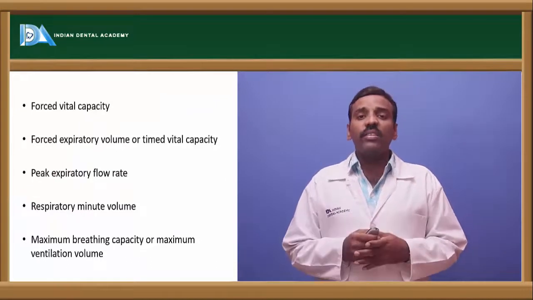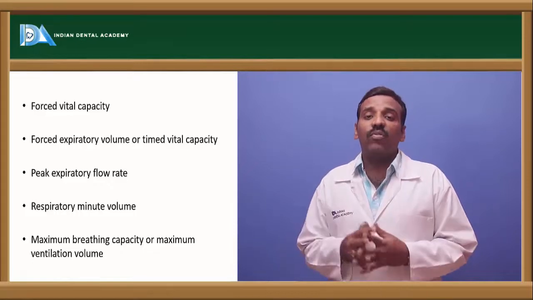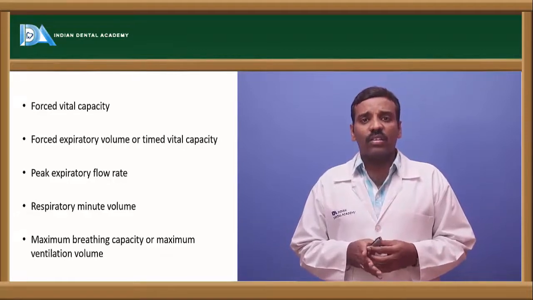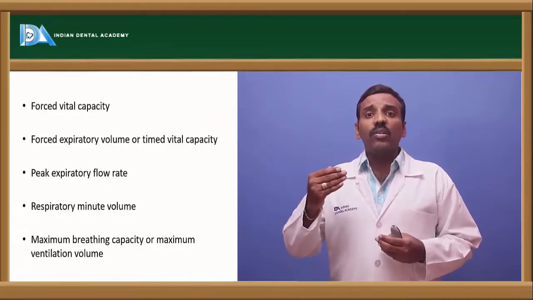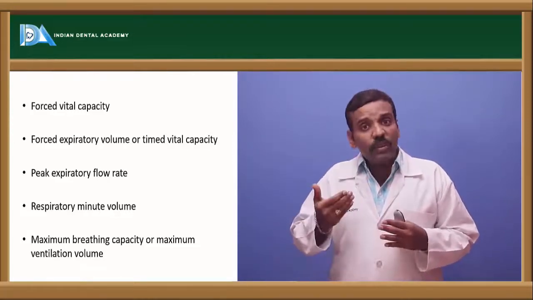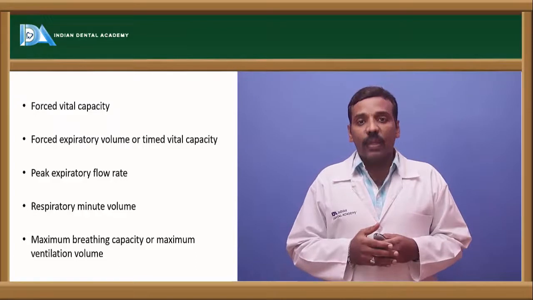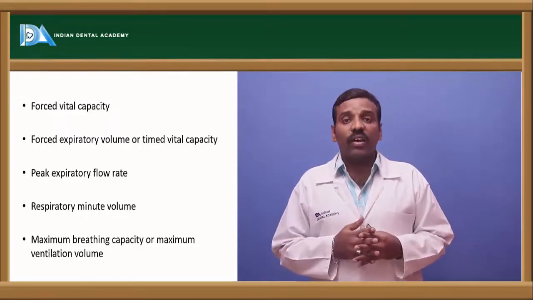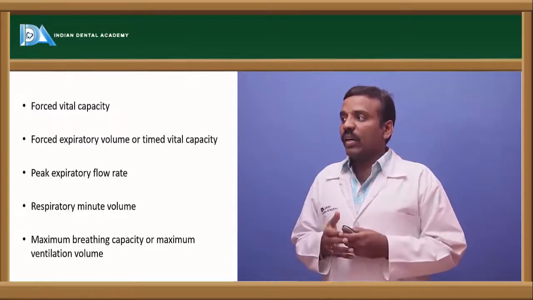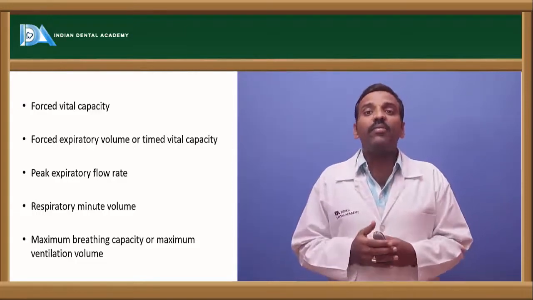If you see the dynamic capacities, lung volumes and capacity, dynamic lung function test, forced vital capacity. Forced vital capacity means how much we can expire forcefully after a forceful inspiration. It includes FEV, forced expiratory volume, which is also called timed vital capacity.